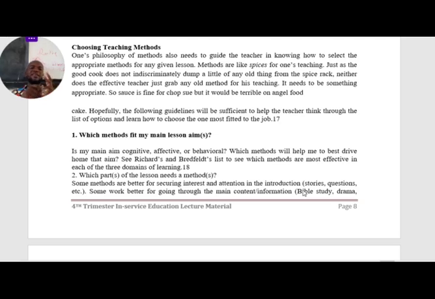Which method will be the best to deliver the aims of my subject, of my lesson? What will be the best method?